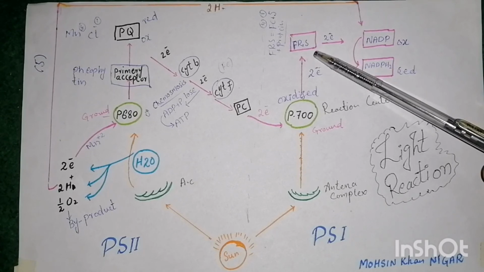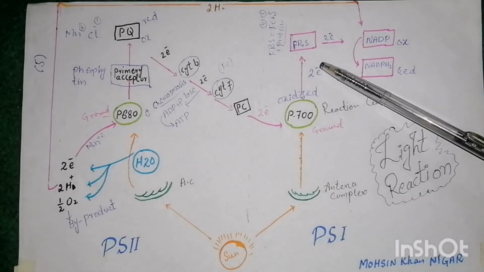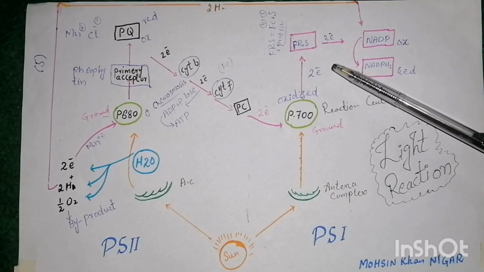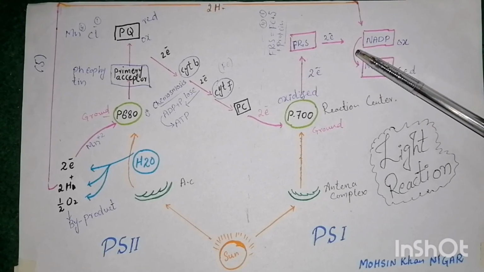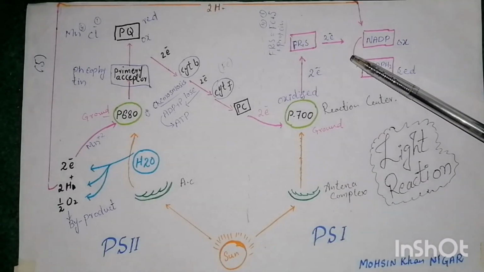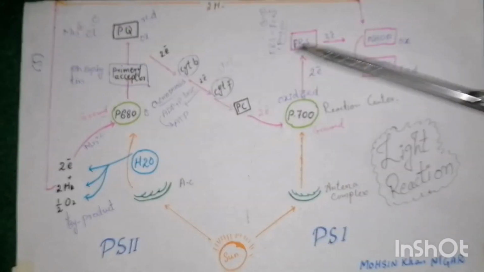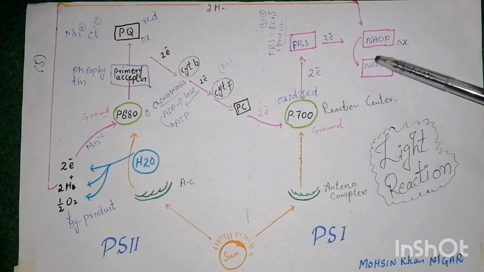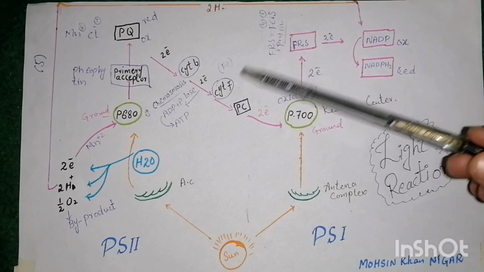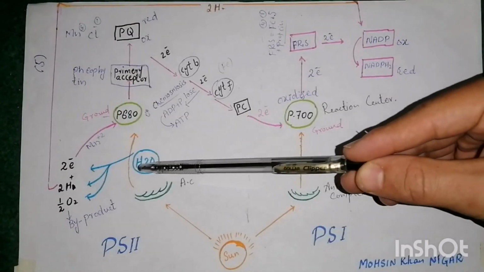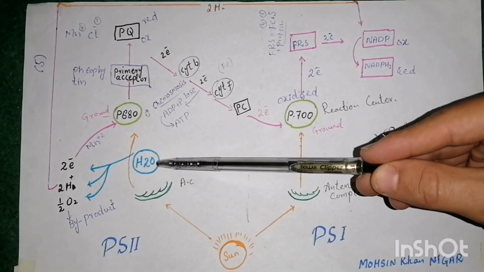When this electron is released from FRS, a redox reaction occurs and NADP accepts 2 protons. From where do these 2 protons come? These 2 protons come from the photolysis of water.